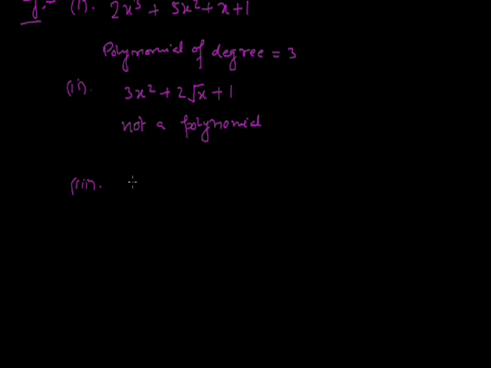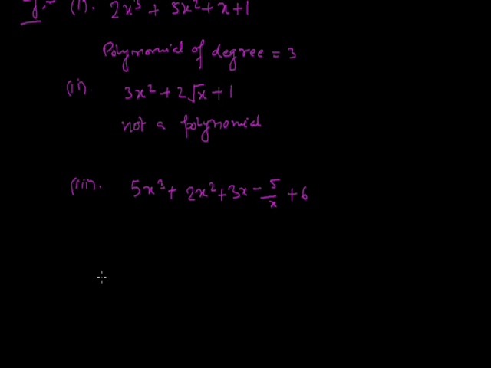Example 3: 5x cubed plus 2x square plus 3x minus 5 upon x plus 6.